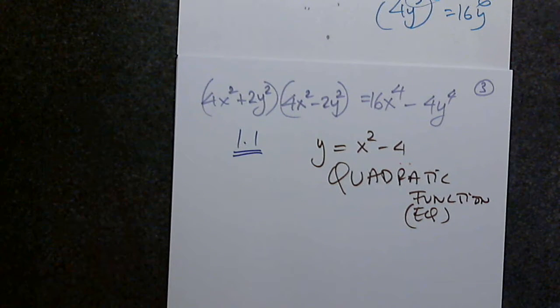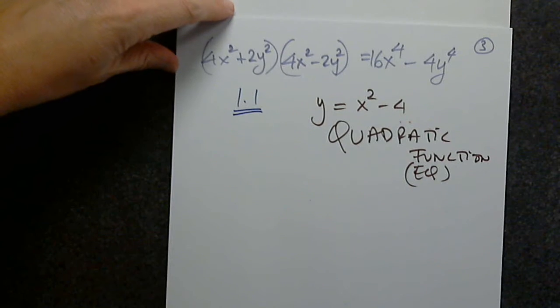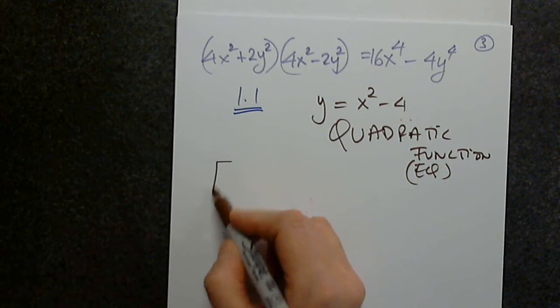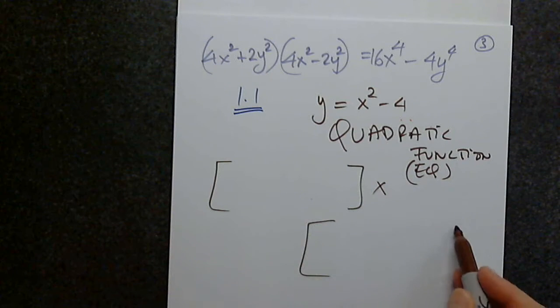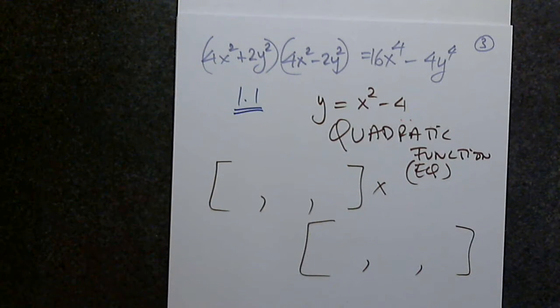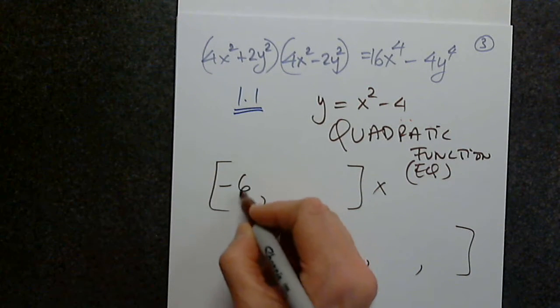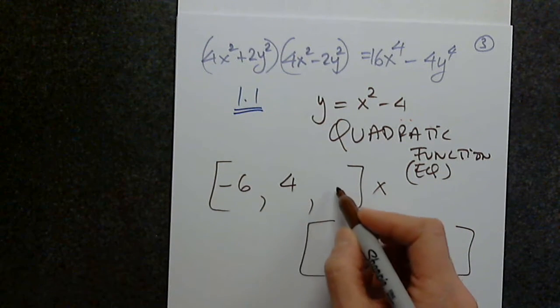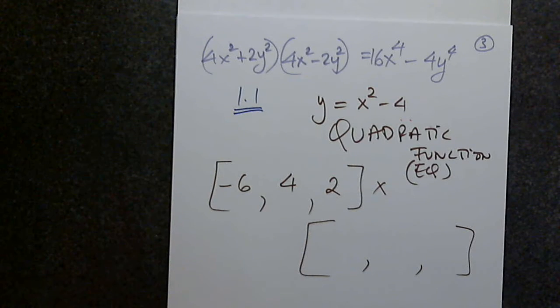Now, let's say we are told, or we want to adjust the viewing window. And this is what you will see. Let's say I have -6, 4, 2. And let's say I have -10, 4, 2. What does this mean? The viewing window of the calculator, I'm going to show it to you in a minute, will have a horizontal x-axis and a y-axis.